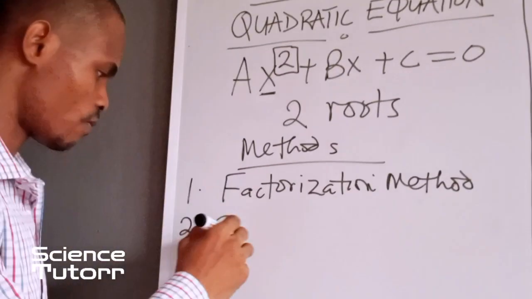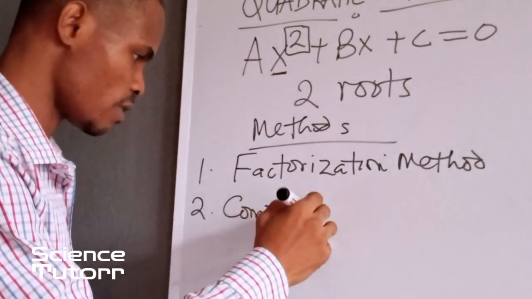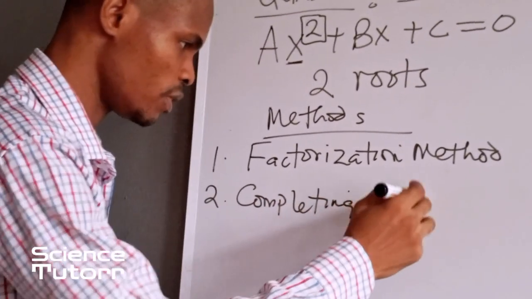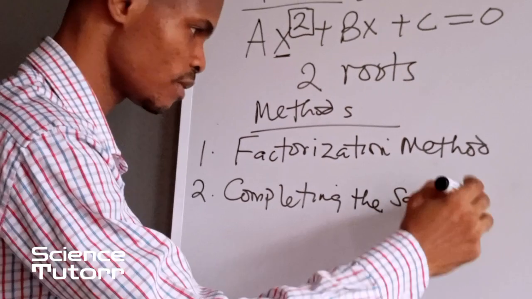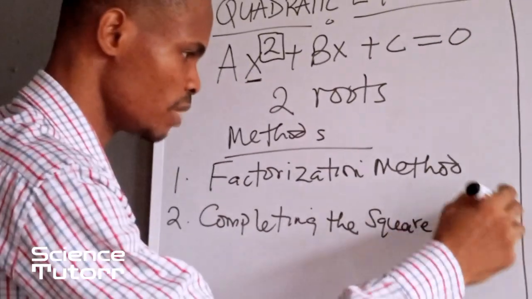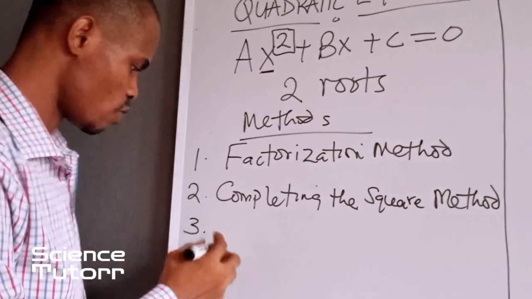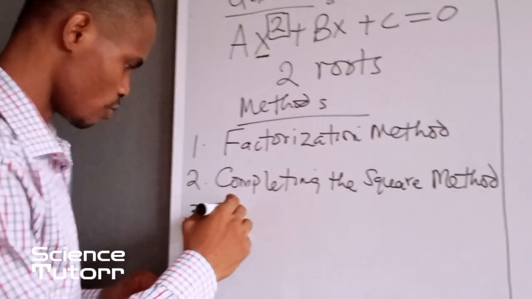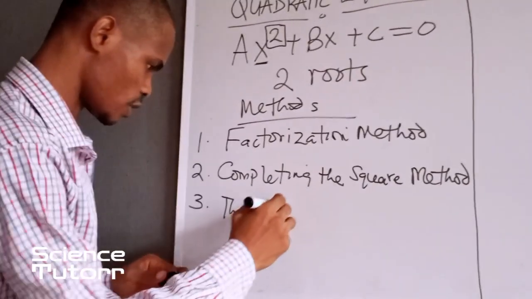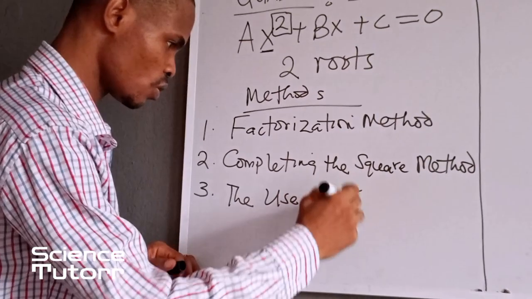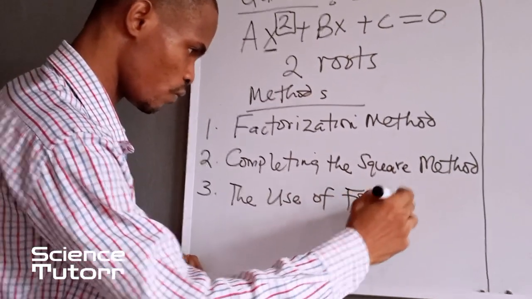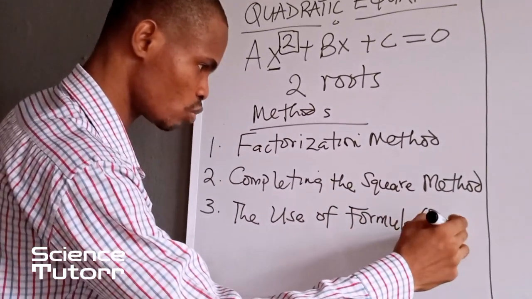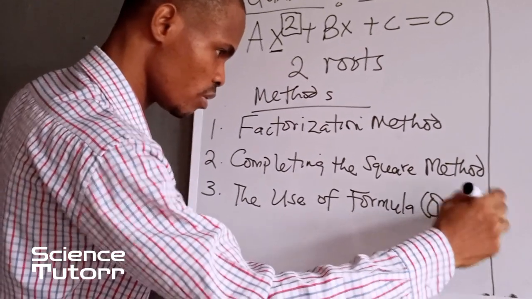Number 2, we have the completing the square method. Thirdly, we have the use of formula, the formula method. The formula is what we call the quadratic formula.